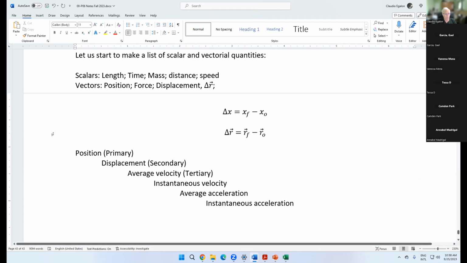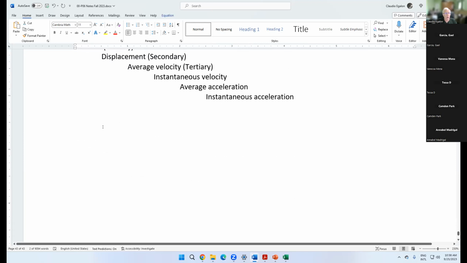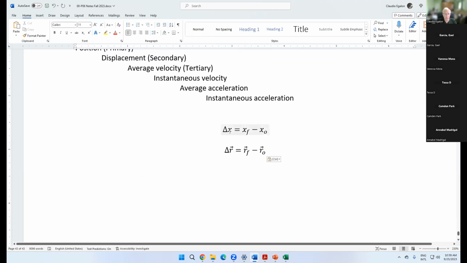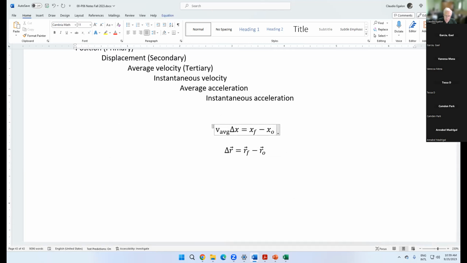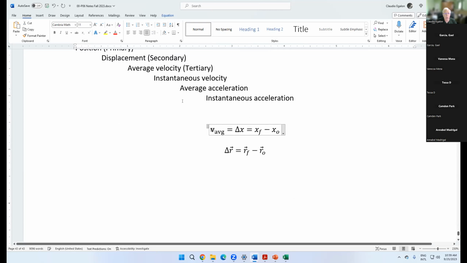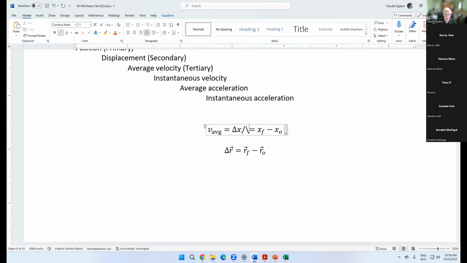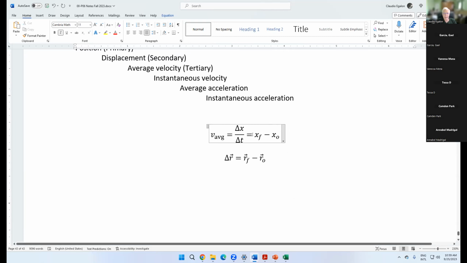The average velocity vector we define the same way that we define the one-dimensional velocity. Here you go, the average velocity, v average, equals delta x over delta t.